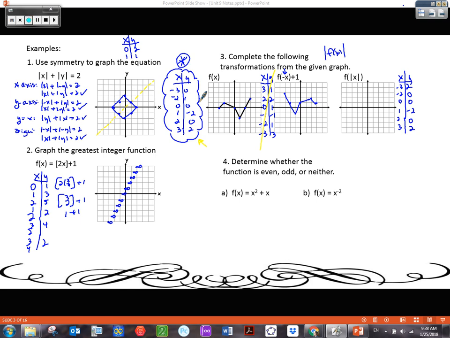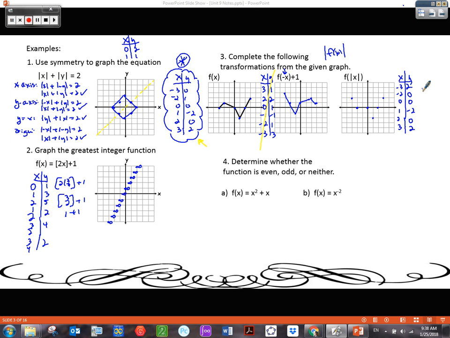So let's plot these points. I have -3, 2, then -2, 0, 0, 0, 1, -2, 2, 0, and 3, 2. Okay, so I do have a missing point at -1.